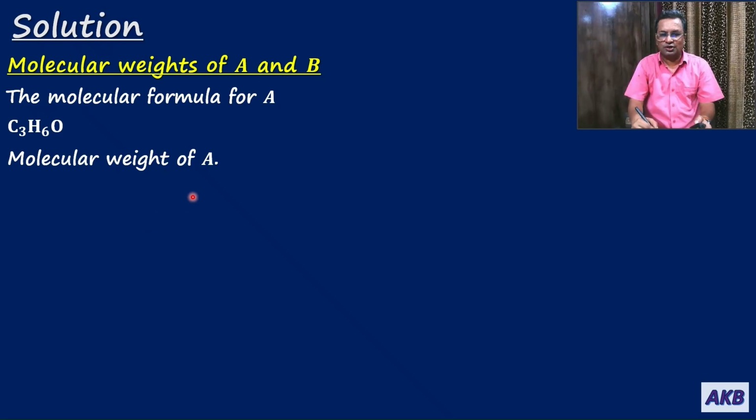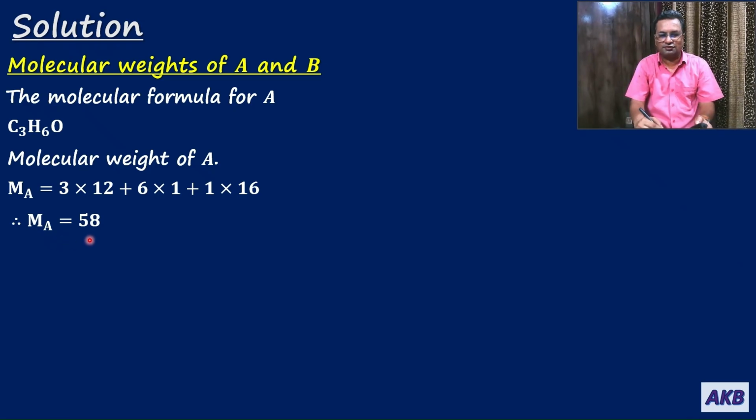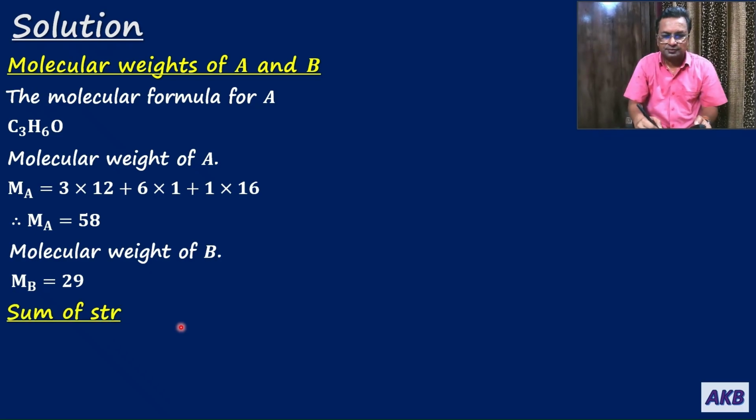Therefore, molecular weight for A will be equal to 3 atoms of carbon into its atomic weight plus 6 atoms of hydrogen into its atomic weight plus 1 atom of oxygen into its atomic weight. So that gives us molecular weight of acetone as 58. That is Ma is 58. And we know molecular weight of air, that is molecular weight of B, is 29. We are going to use that.